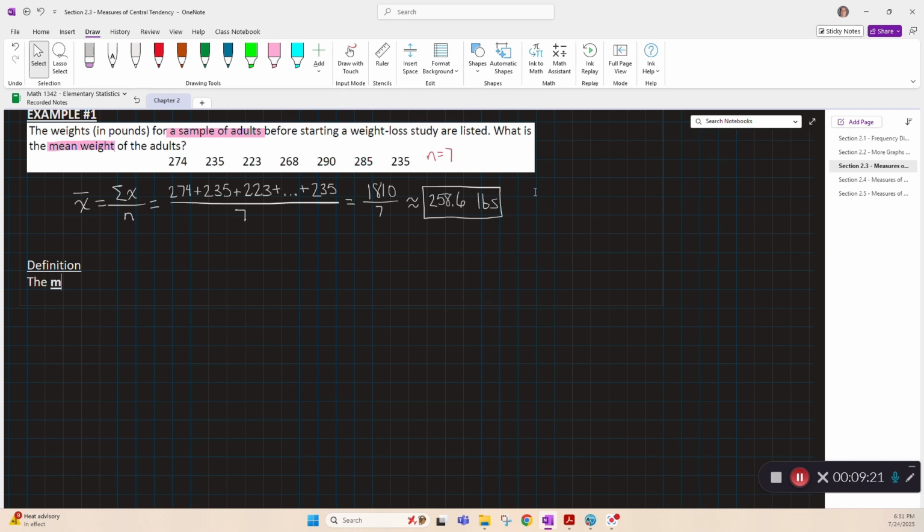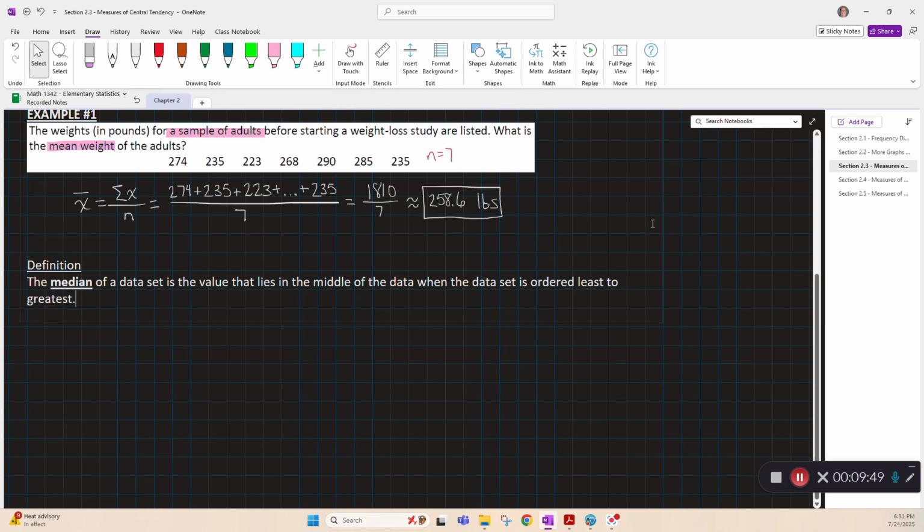The median of a data set is the value that lies in the middle of the data when the data set is ordered least to greatest. So that's our median.